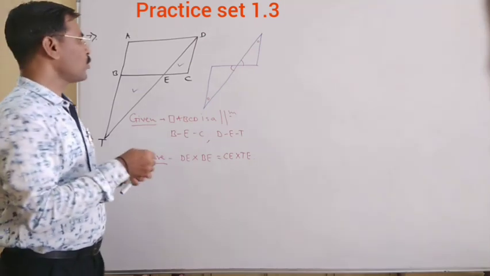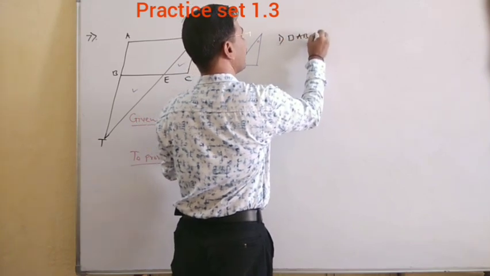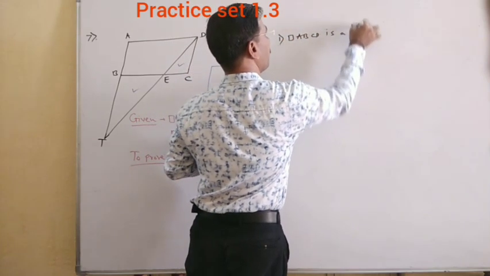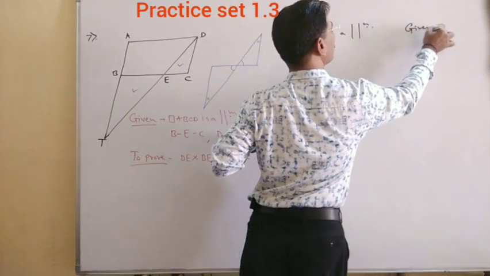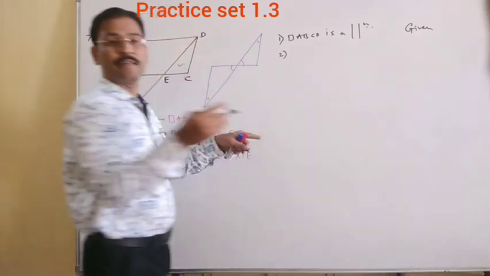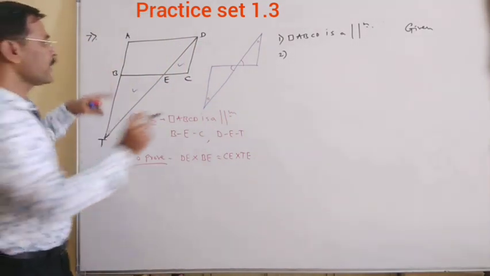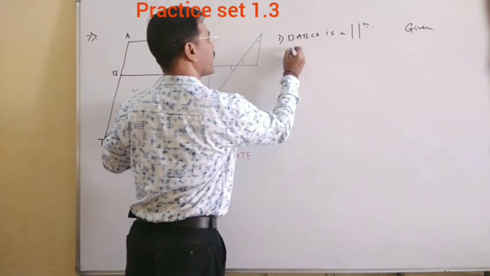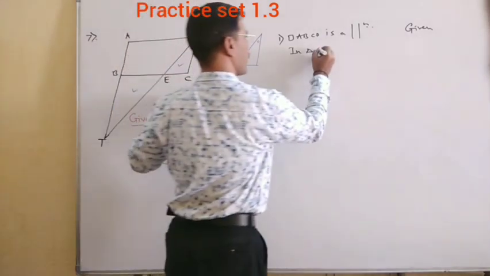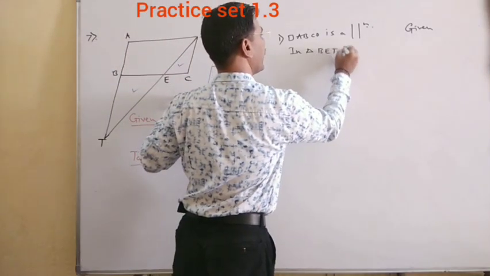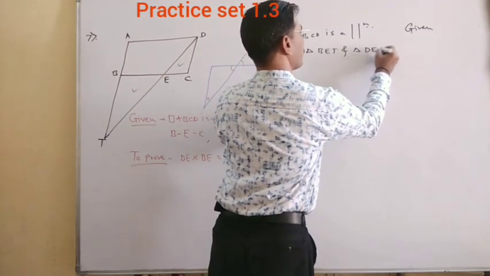See first here, I will write: quadrilateral ABCD is a parallelogram. It is given, because we need to write that alternate angles are congruent. So where are we going to observe now? In the two triangles. In which two triangles, tell me? In triangle BET and triangle DEC.